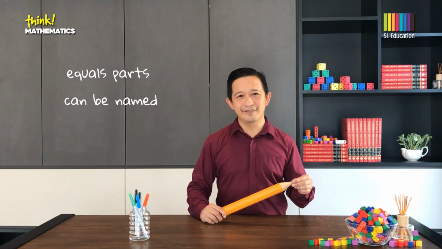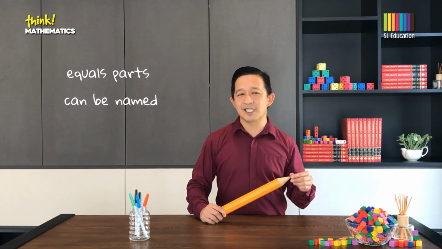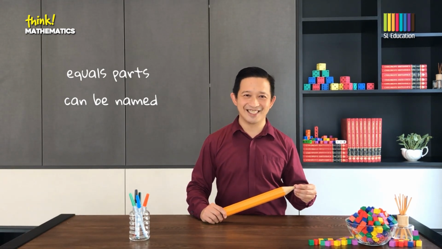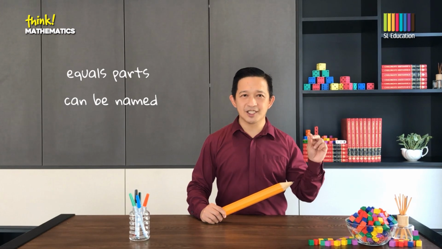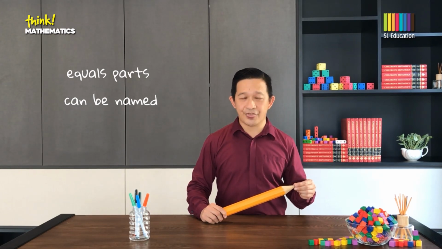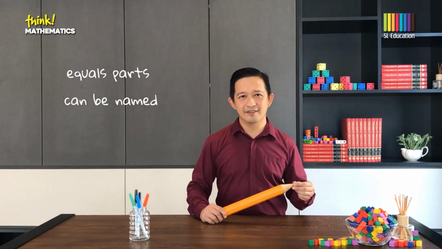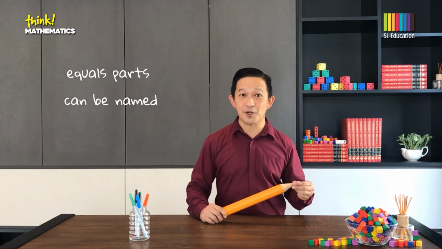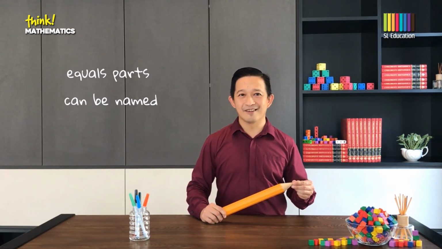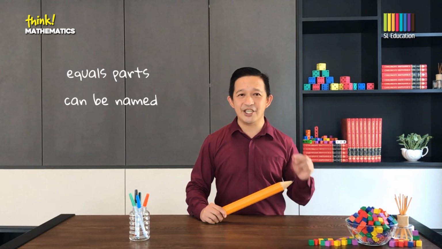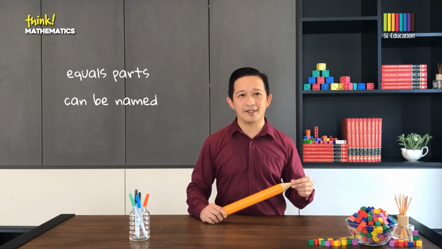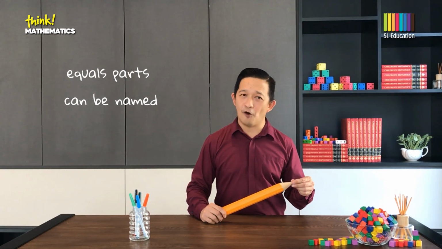And if 1 is made up of 3 equal parts, we call each of the parts third. And of course, we have symbols for the word third, and so on. So when 4 equal parts make 1, each of those parts has a name of quarter or fourth.